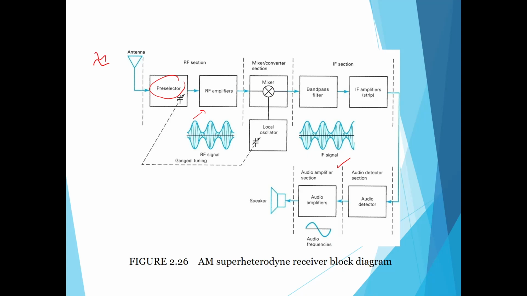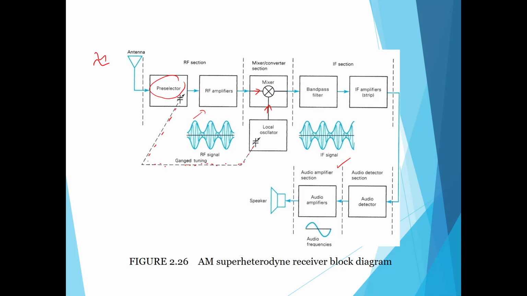The next process is the mixer converter section. The mixer converter consists of two inputs: one from the RF section and another from the local oscillator. This local oscillator is gang tuned, which means tuned together at the same time, to the same frequency, the resonant frequency.